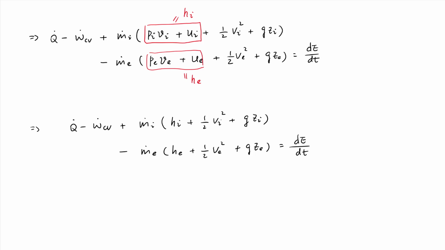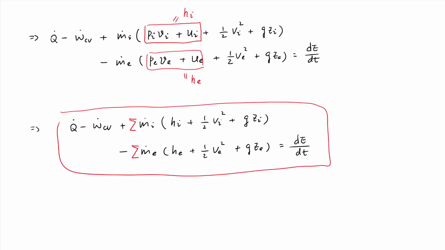If we have multiple inlets and multiple outlets, all we need to do is sum up all the inlets and then sum up all the outlets. And this is our solution. First law of thermodynamics for a control volume.